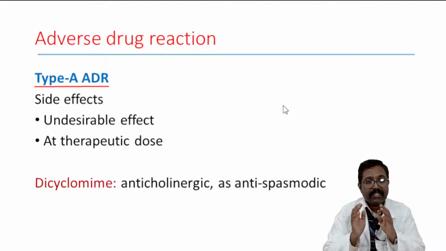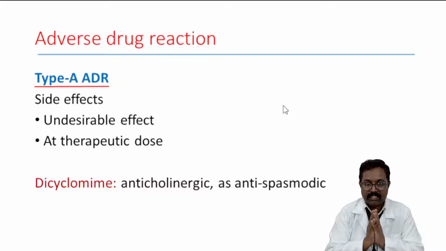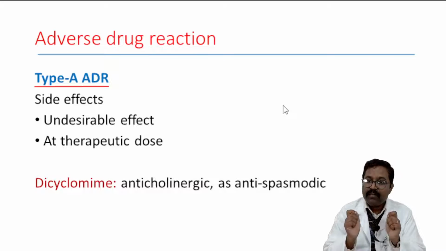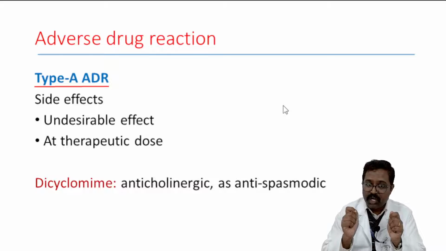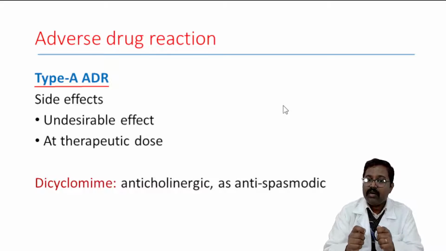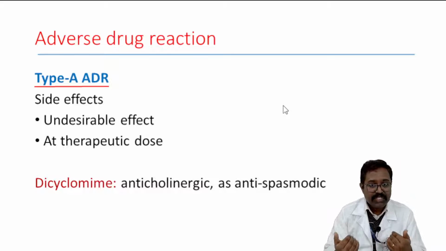at therapeutic doses. For example, if you give paracetamol 500 mg, for which condition is it given? It is given in conditions like fever. So with a normal therapeutic dose of 500 or 650 milligram, some individuals will experience nausea and vomiting.